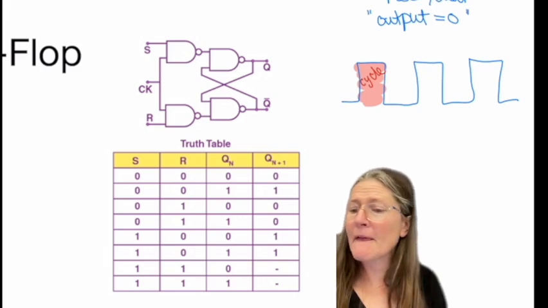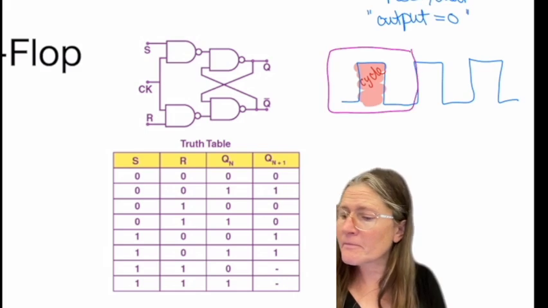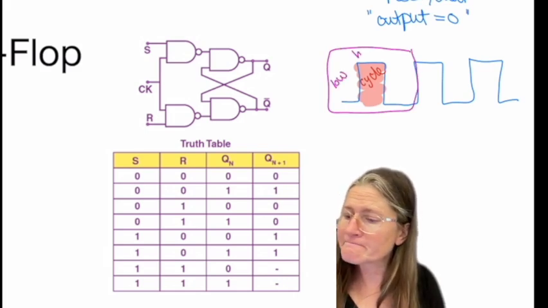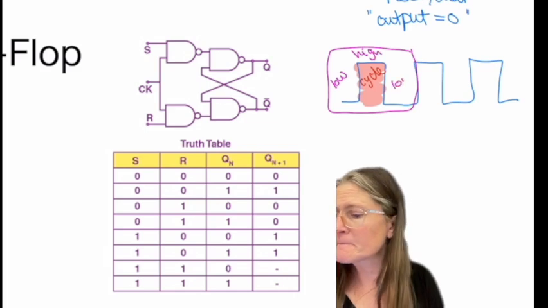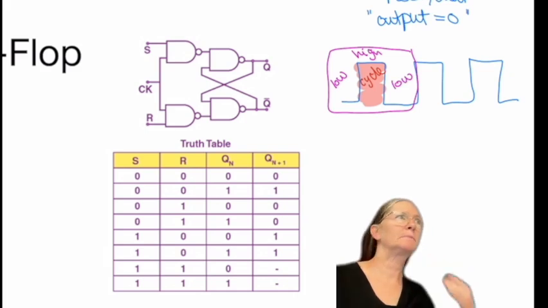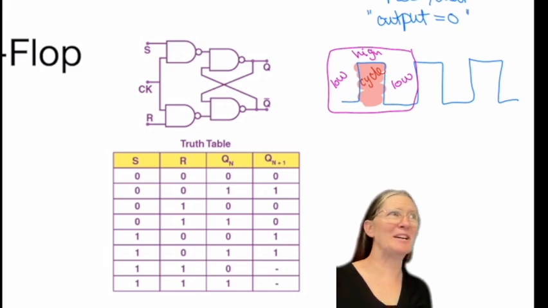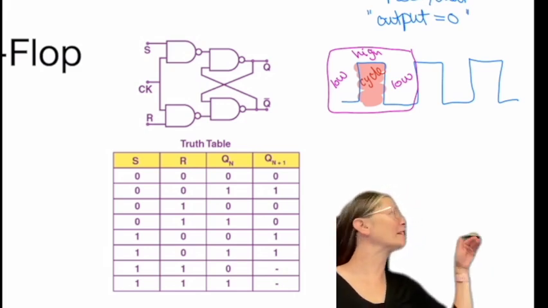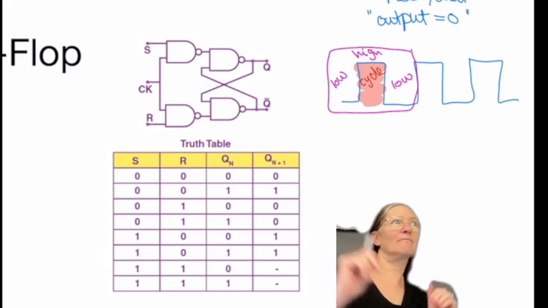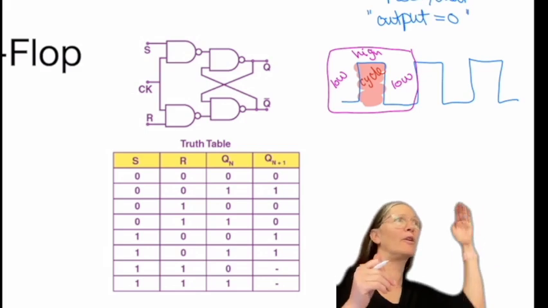Okay. So low, high, low, that would be one clock cycle. Hopefully that makes more sense as far as what I'm talking about with a clock. So clock is a continuous one of these, but it can also just be one pulse of down, up, down.